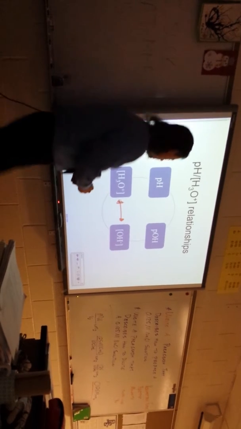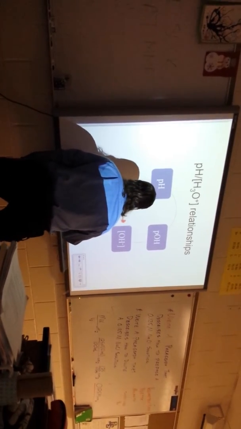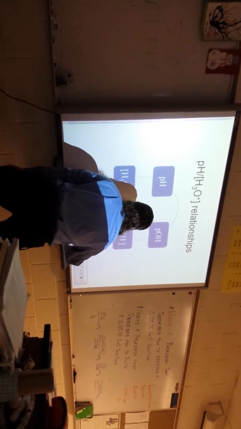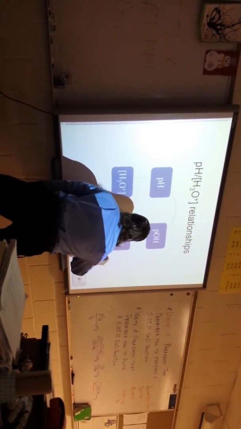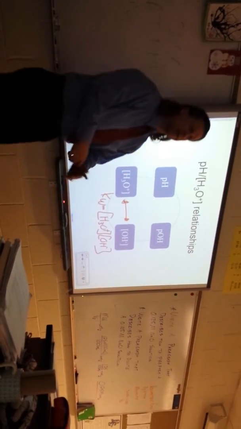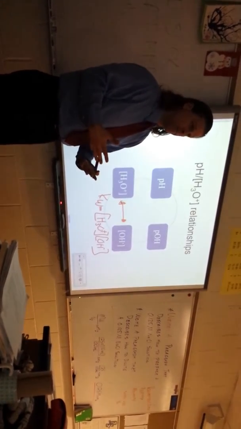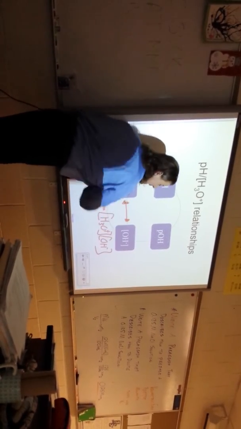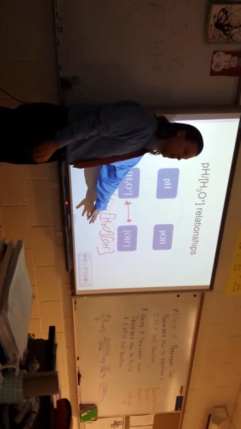The Kw formula. So the Kw formula allows me to calculate either H3O plus or OH minus, depending on what I've been given. Okay? So I can go back and forth between these two using this formula here.